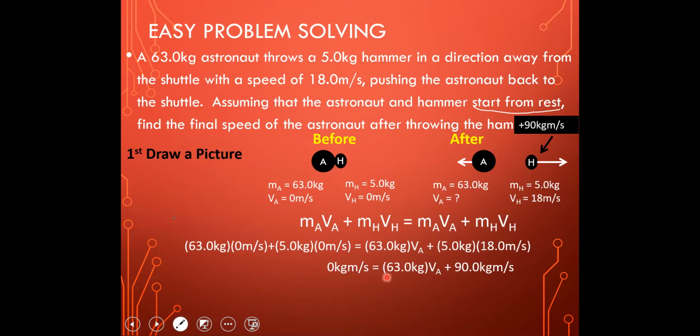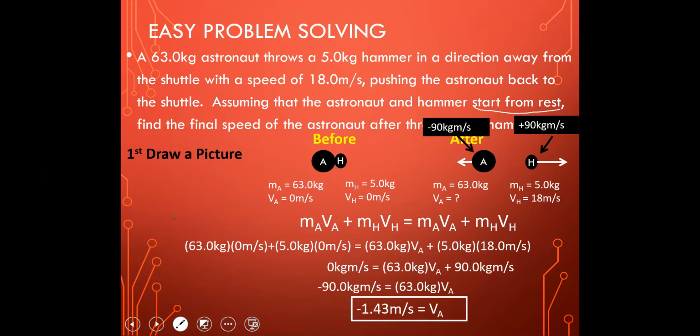So 63 multiplied by the final velocity of the astronaut must equal 90. After you find that the velocity of the astronaut is 1.43, that means if you multiply 1.43 with 63, you will find that the momentum here is also negative 90. Why? Because the momentum is conserved.